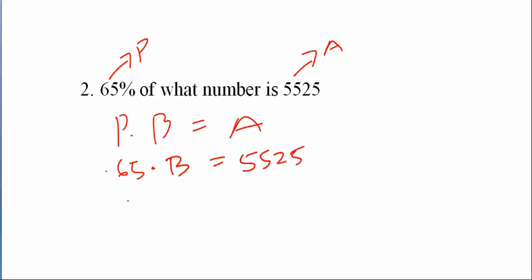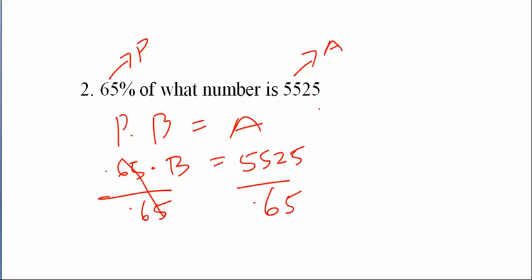To solve for B, we divide both sides of the equation by 0.65. Remember, whatever you do to one side of the equation, you have to do to the other. So this will cancel.